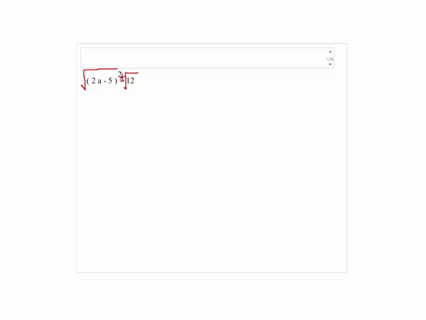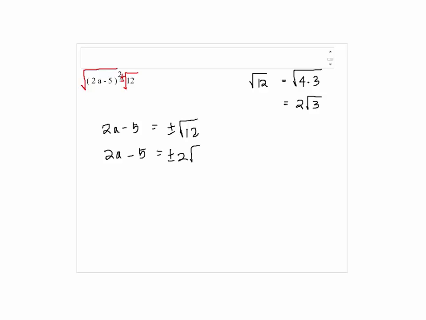So by taking square root, you get 2a minus 5 on the left hand side, and on the right hand side we have the plus minus radical 12. The radical 12 could be written as the radical 4 times 3, which is the same as 2 radical 3. So we have 2a minus 5 equals the plus minus 2 radical 3.